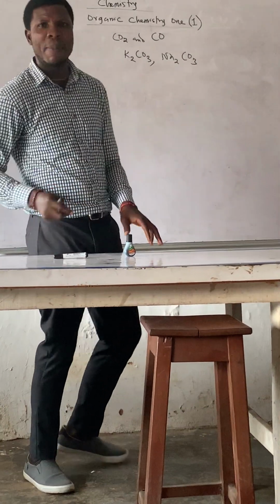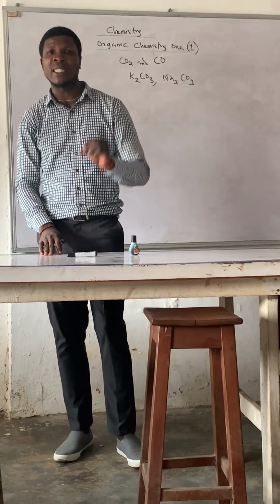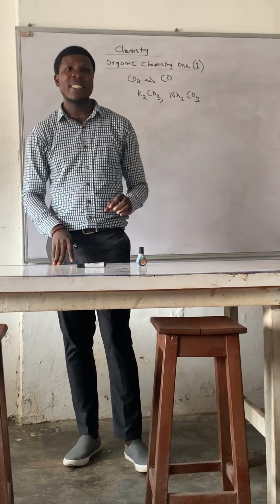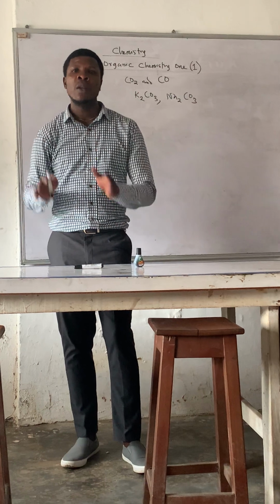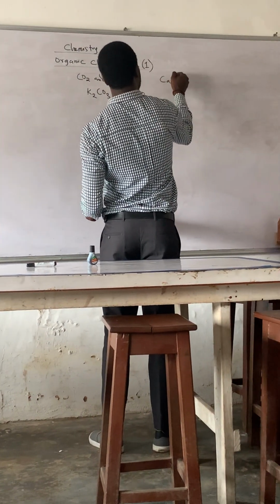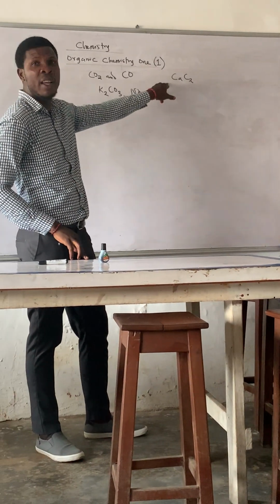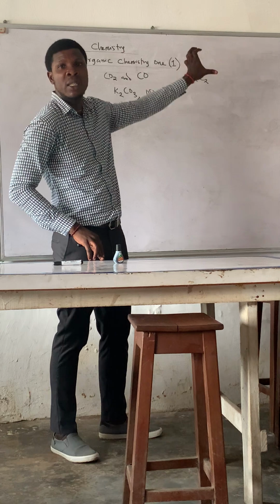When I say metallic carbides, I'm referring to the compounds that are formed when metals react with carbon. Let's take, for example, if calcium reacts with carbon, you will have what we call calcium carbide, which is CaC2. Ca is the calcium there, and C is the carbon element.